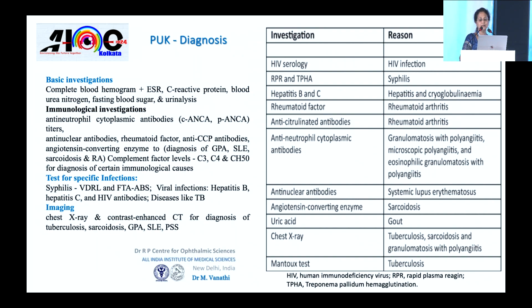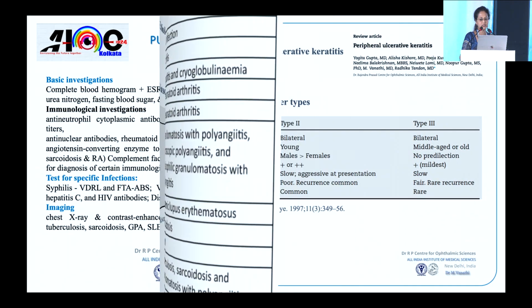This is in a nutshell the important ones, and if you pinpoint something, then you would coordinate with your treating physician to look at more immunologic investigations for these patients.